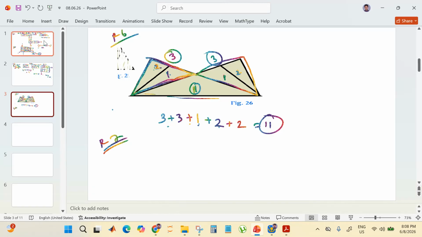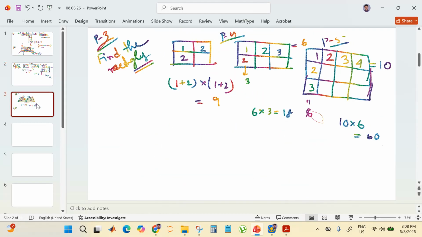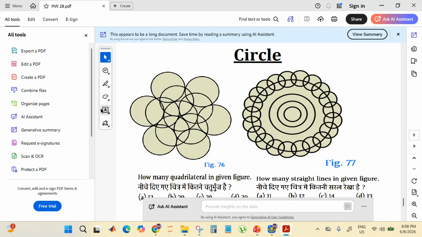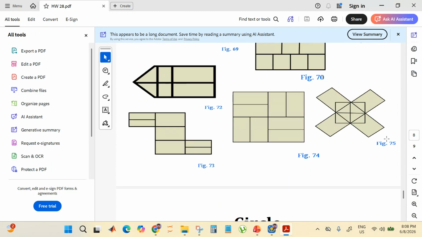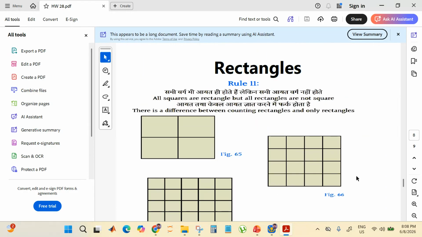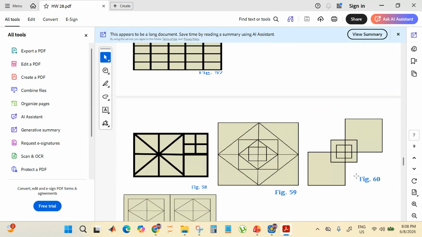Actually, today we have done the rectangles, counting of the rectangles, a few numericals on it, and some questions taken from the homework, number 28. Up to this much, I think you can do by yourself. But I would like to take one or two more problems.